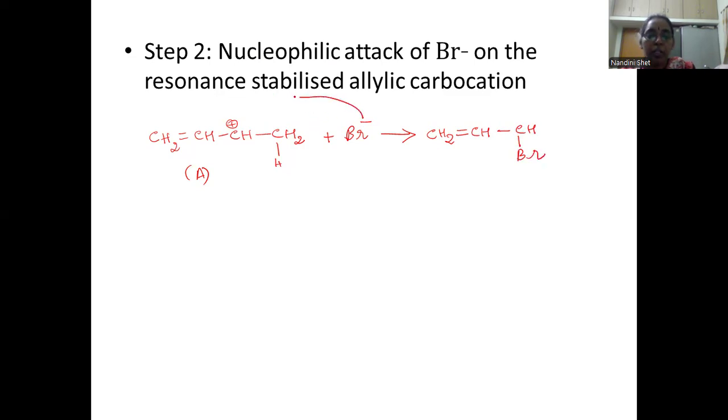So a new bond is formed with the carbon. So carbocation A has resulted in this product, the 1,2 addition product. And so let me write here, this has resulted in 1,2 addition.